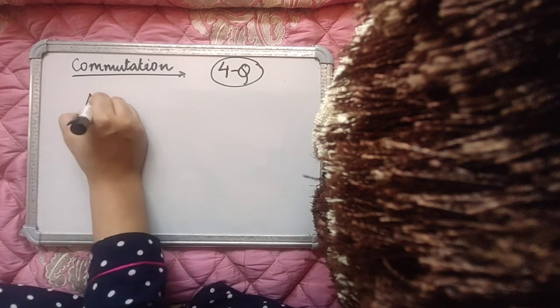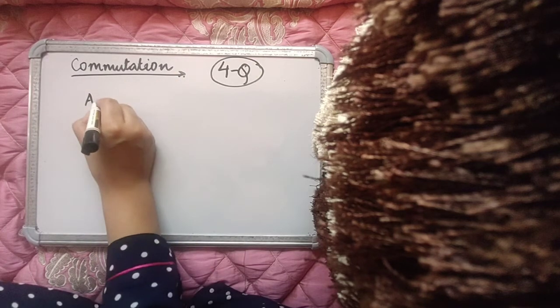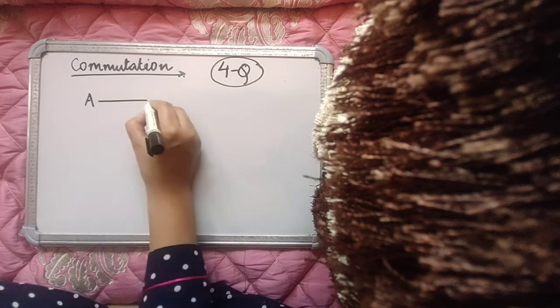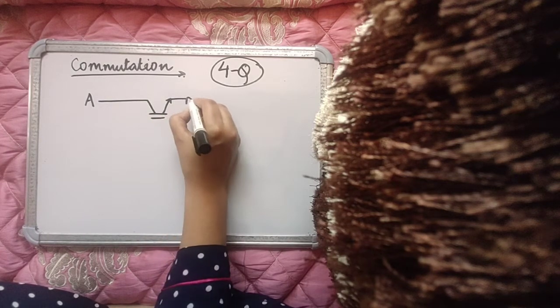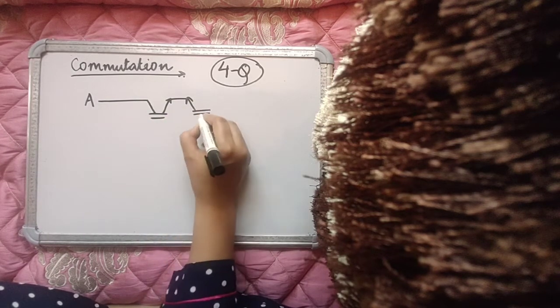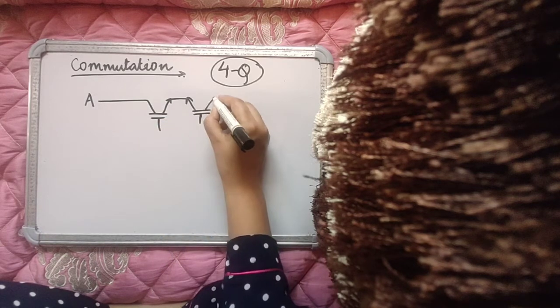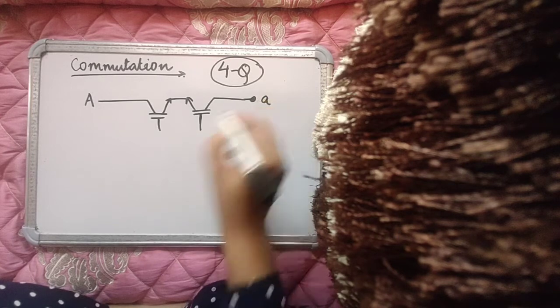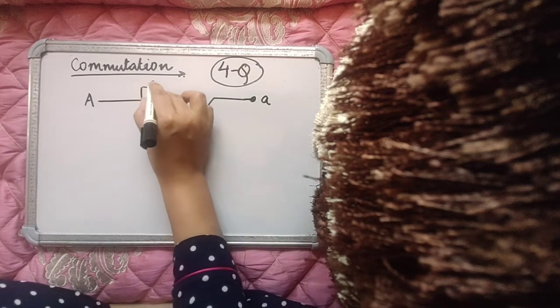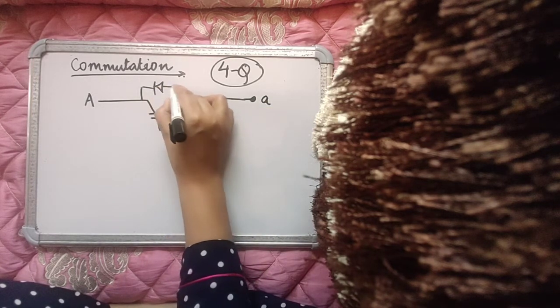Let's take the group 1 of a matrix converter, the first 3 switches. The first switch samples input phase A. These are in common emitter configuration. They switch phase A in at the output phase A, and then they also have anti-parallel diodes like this.